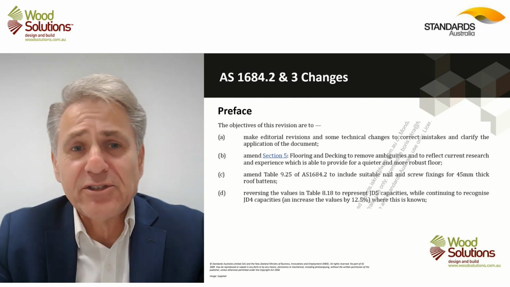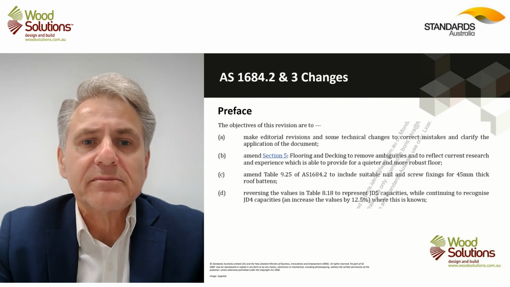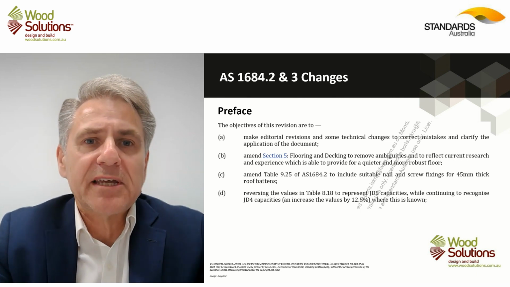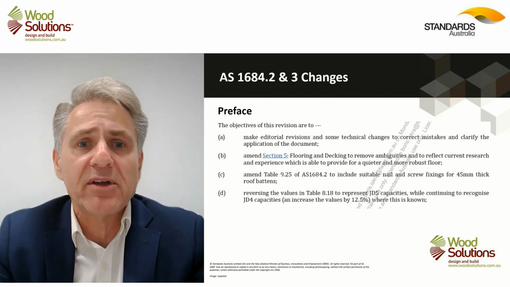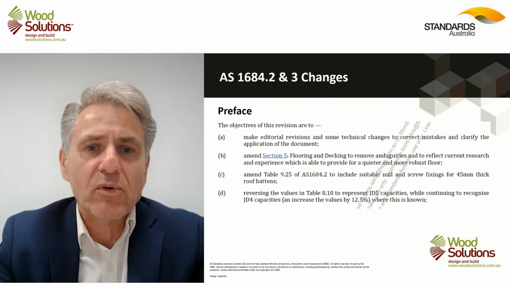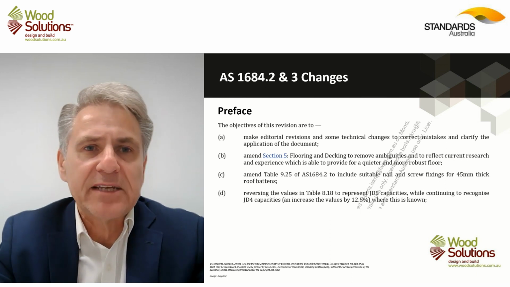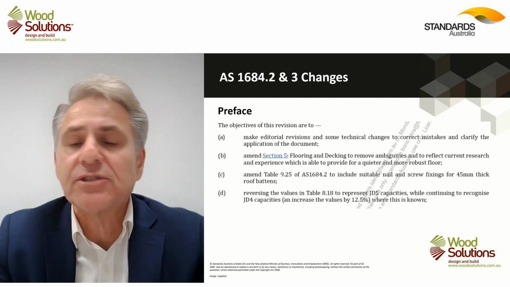One of the key changes is in relation to capacities of our bracing systems. With the change in resource, mainly our softwood or radiata pine framing, there's a lower density material being used, and therefore it has a lower holding ability for connections.